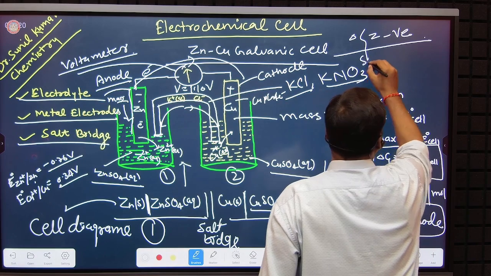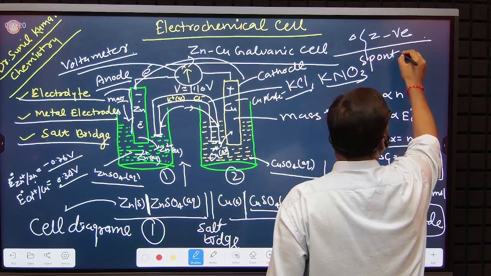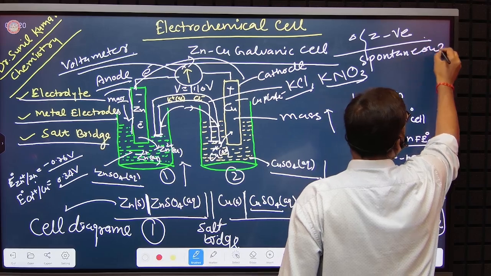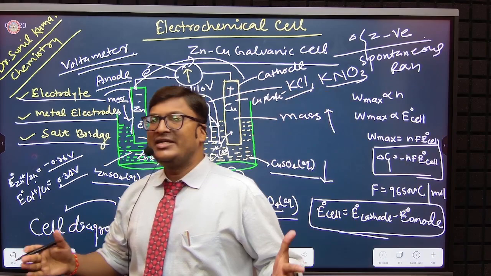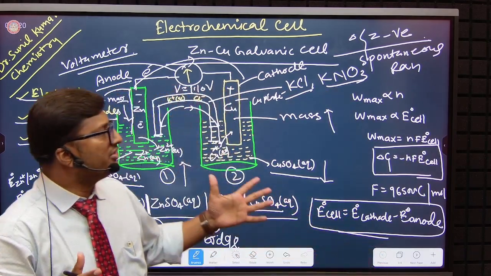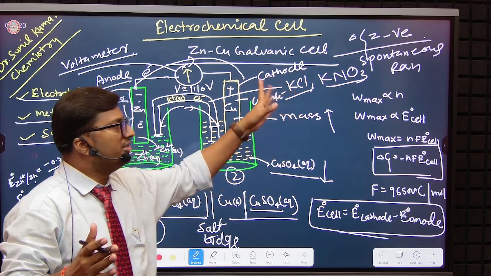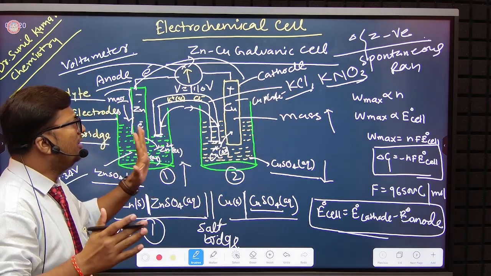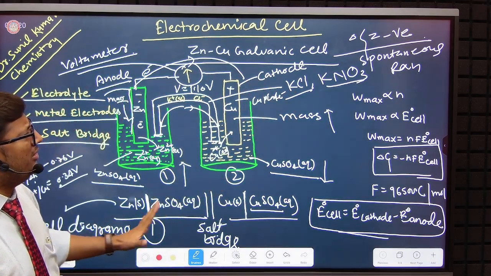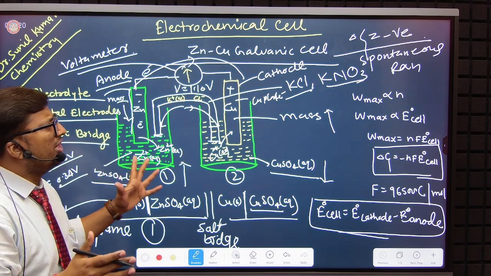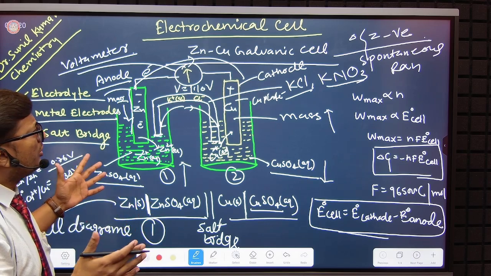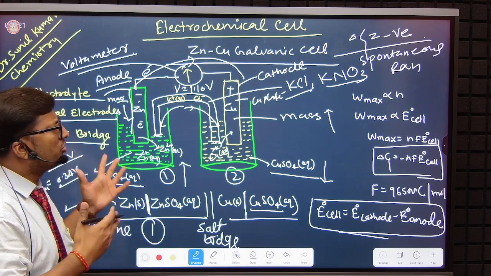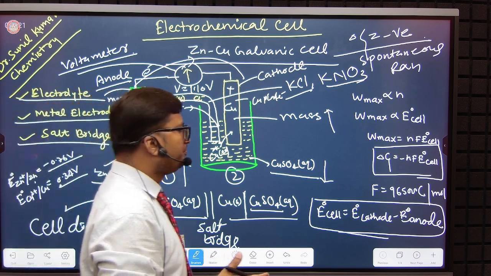So a spontaneous reaction is due to delta G being negative. Overall, this electrochemical cell is due to spontaneous reactions, which are electrochemical reactions, that is, oxidation and reduction.